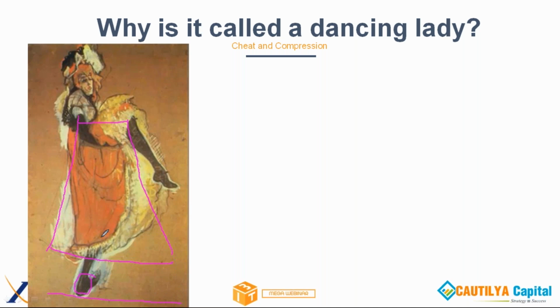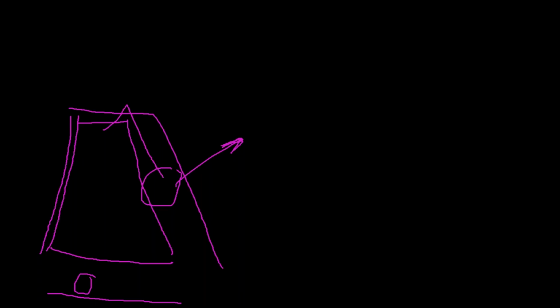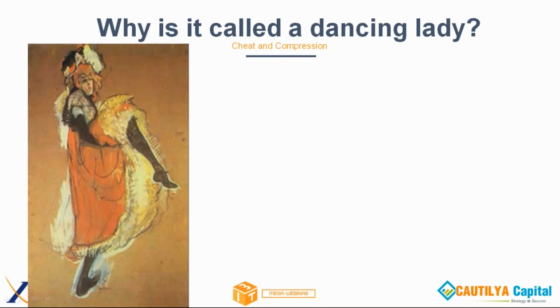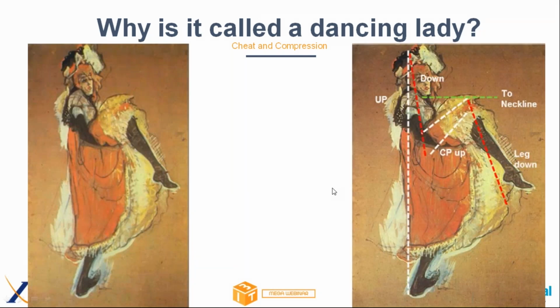Many times, if she lifts her other leg, your frock would be covered so much you don't even know she has lifted her leg. One kick, and you can fall somewhere. In most of those old-time French cabarets, women would be dancing, and men would come closer to them to do something hanky-panky. She would give a kick, and the fellow would not even realize where her leg is. One leg would be at the top, and her frock would be so huge and so spread that he would not even know she has lifted her leg. Okay, now let's not waste time with the dancing lady, and let's understand why can is called a dancing lady.